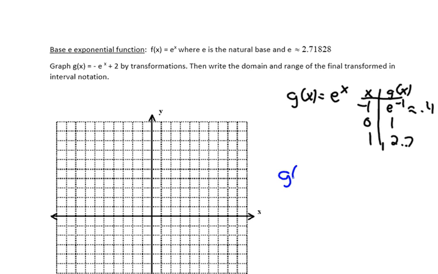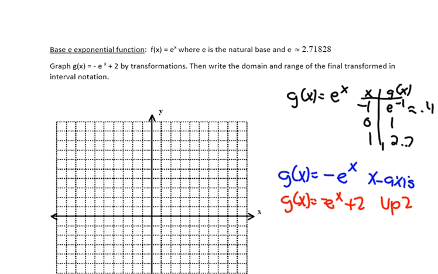Okay? So, we need to take care of the negative first. Again, because this is outside the function, I am reflecting across the x-axis. And the only other transformation is the plus 2, meaning that we're going to go up 2.